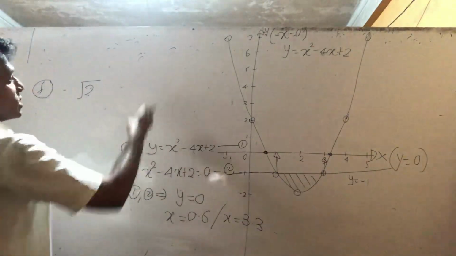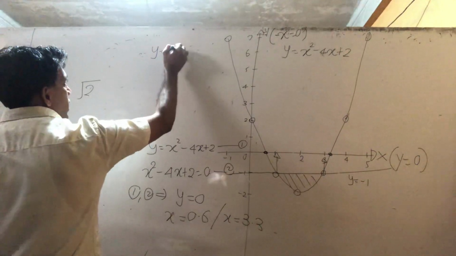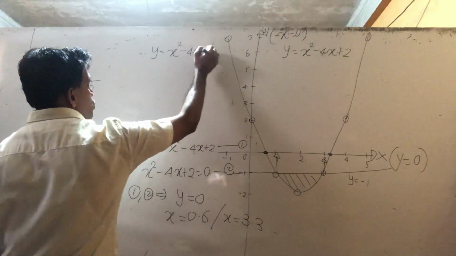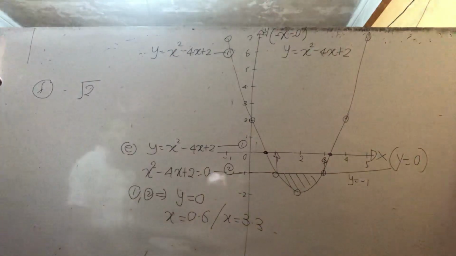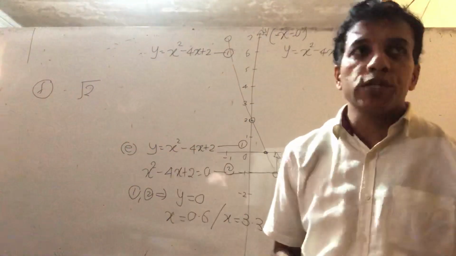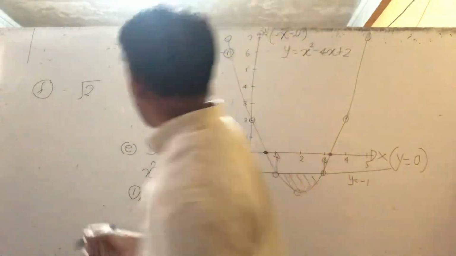So here also we take the graph we drew, y equals x square minus 4x plus 2, the first equation. Now if they ask for any square root value to be calculated, you introduce a new equation like this.